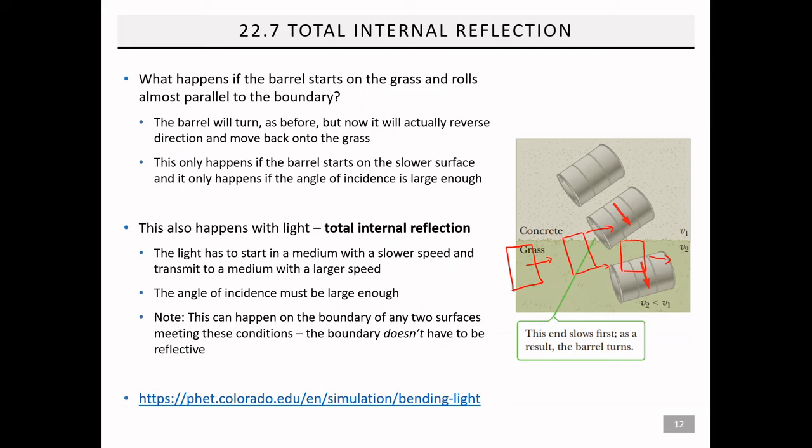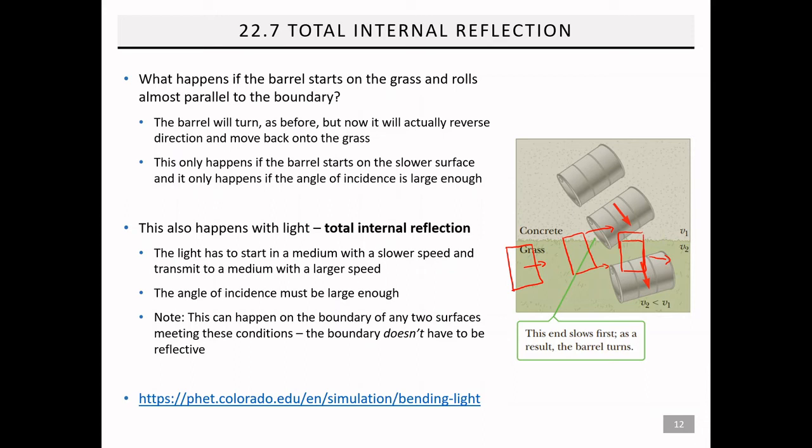So the barrel that should have been transmitted from the grass onto the concrete instead just rolls parallel to the boundary. It doesn't actually transmit onto the concrete. This also happens with light. It's called total internal reflection. There are two requirements for this to occur with light.